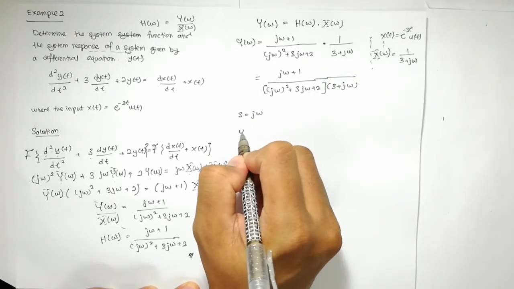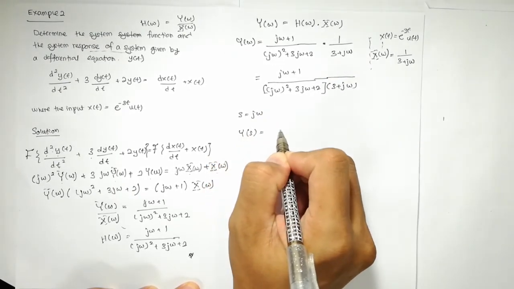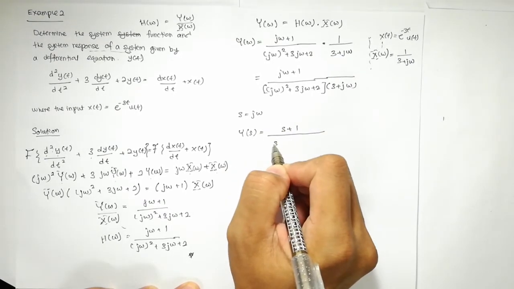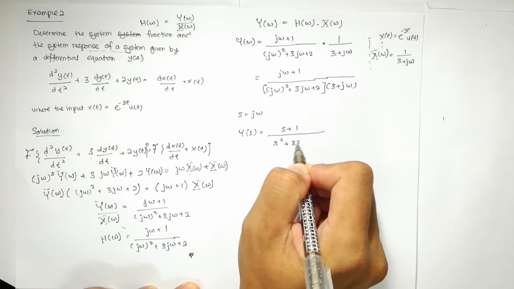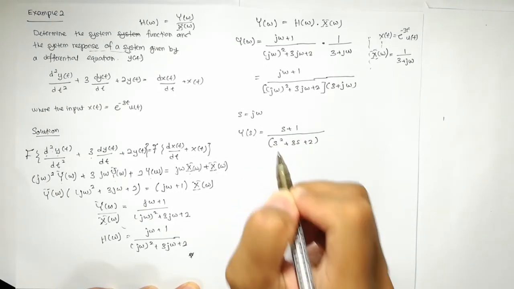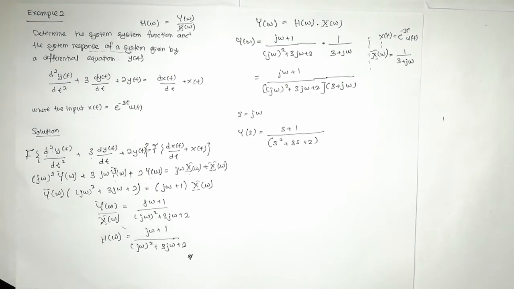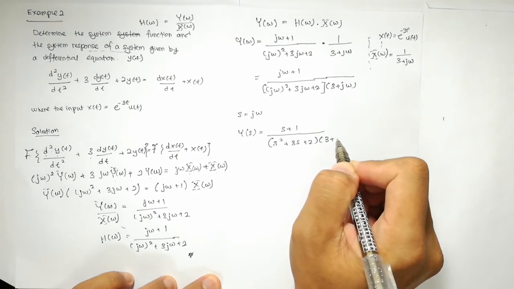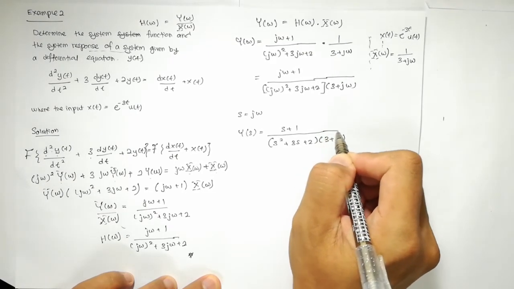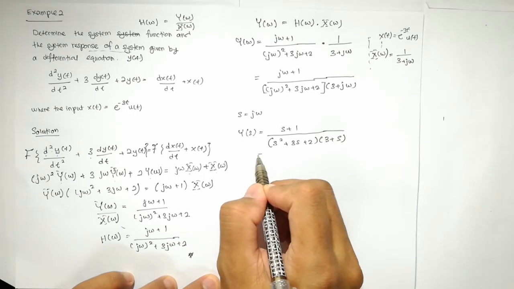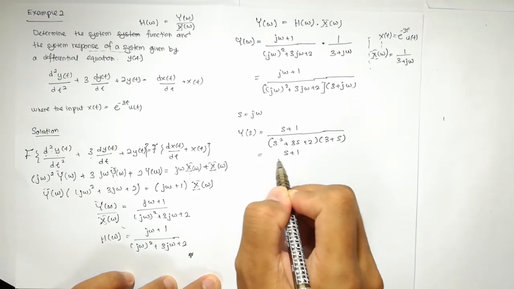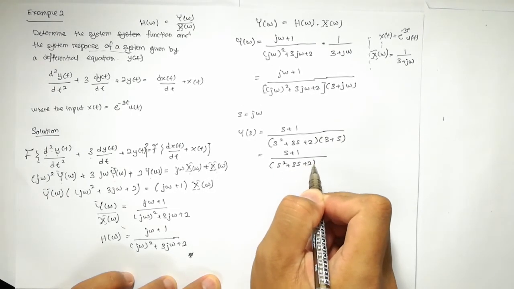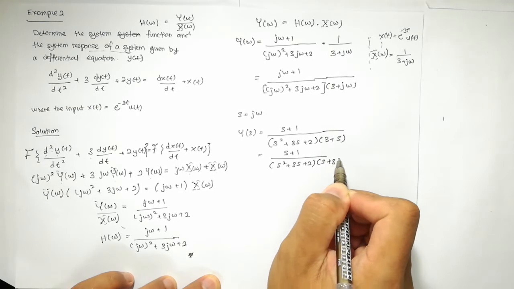So now we have Y(s) equal to (s + 1) divided by (s² + 3s + 2), and then this will be multiplied by 1 over (s + 3).